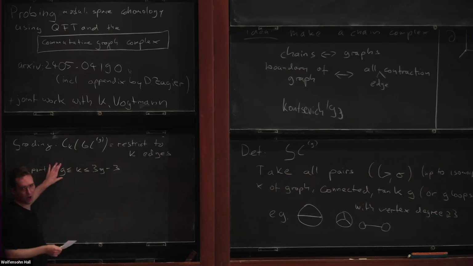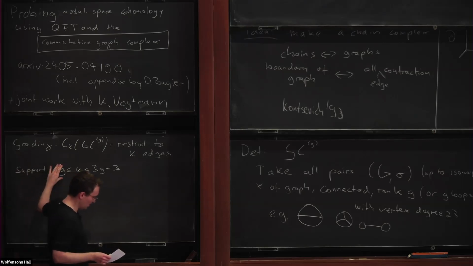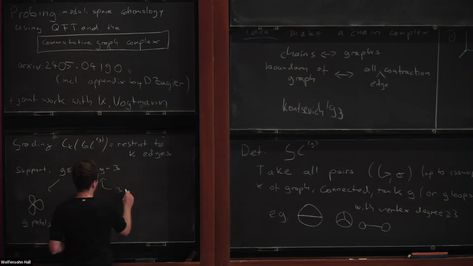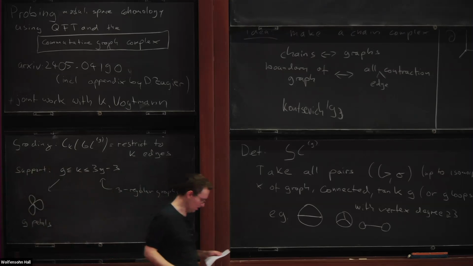Because the lower bounds are the graphs with a specific loop number with the least number of edges, and these are the graphs where you just have a tadpole. So this is g many petals to this rose. And here we have 3-regular graphs. So these have the most edges for a fixed loop number.